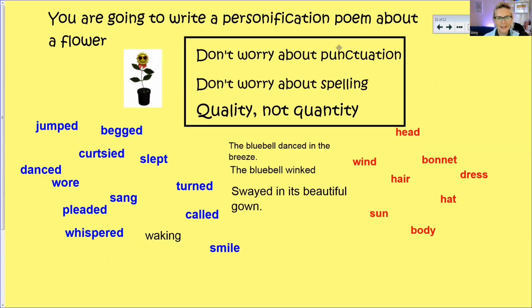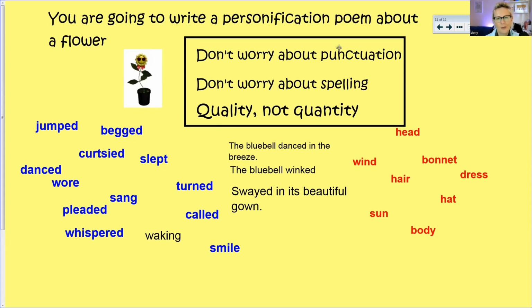During the final part of the lesson, we wrote a personification poem. We had a go at doing some together, and then the children worked independently to do their own. It was really important that they don't worry about punctuation. It's not a punctuation lesson. With poems, there isn't really any hard and fast rule about punctuation anyway, so it doesn't really matter. I'd rather words were spelt wrong, but be really adventurous.